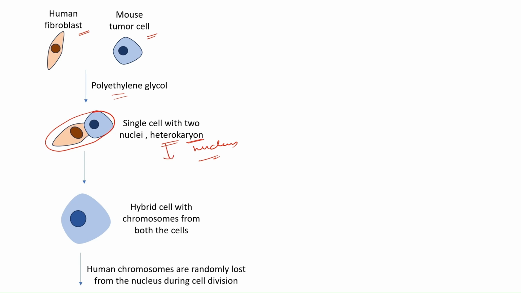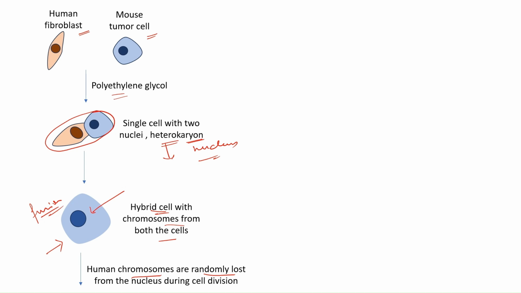Eventually, in due course of time, the nuclei also combine, and we call the cell a hybrid cell. But the hybrid cell still consists of chromosomes from both cells. That means chromosome fusion has not taken place. Now, when this hybrid cell starts its cell division, in due course of time we see that human chromosomes are randomly getting lost from the hybrid cell.